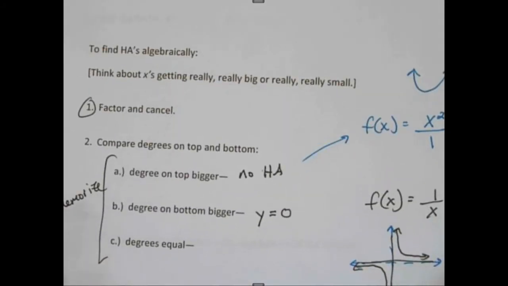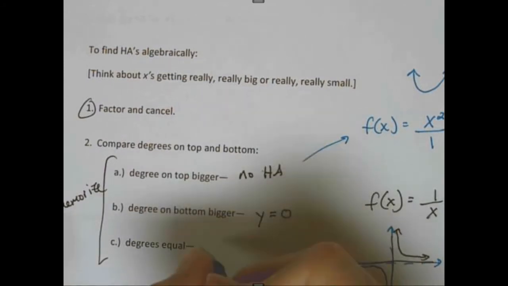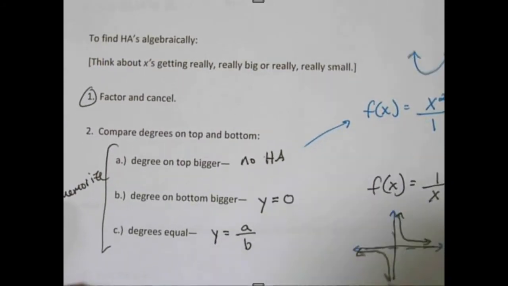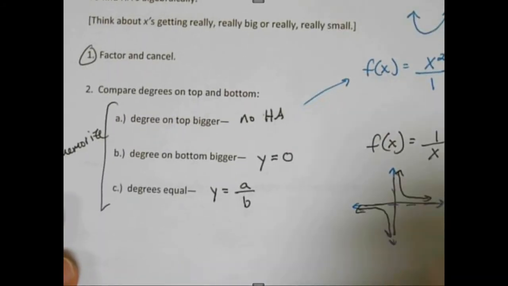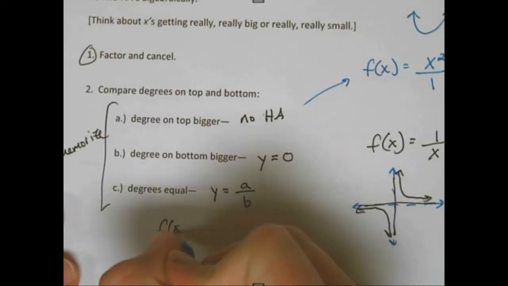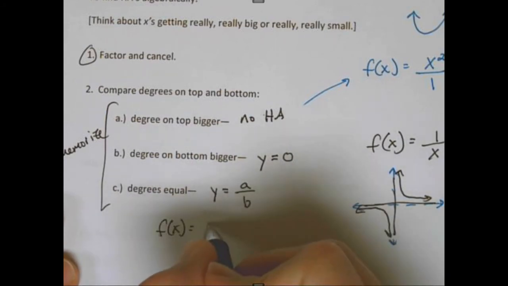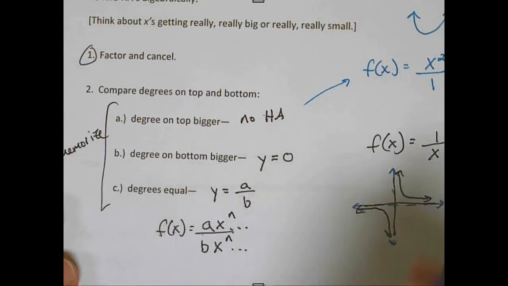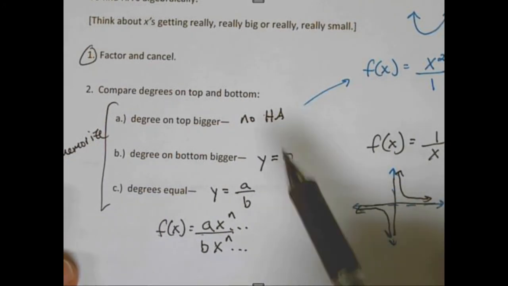And if the degrees are equal, then we're going to look at the leading coefficients. For shorthand, we'll just say it's a over b. What that means is if f of x is a over x to the n, over b over x to the n, and probably some other stuff too, you just look at whether the degrees are the same.